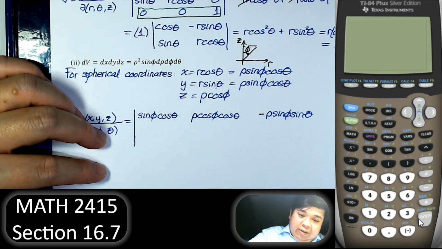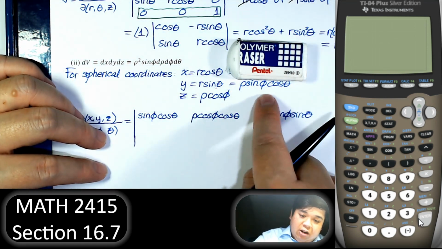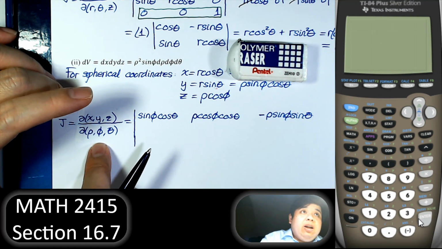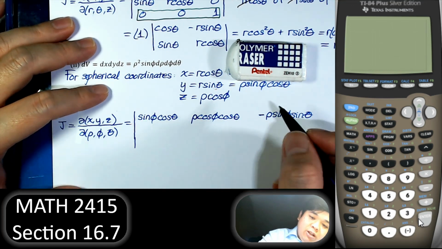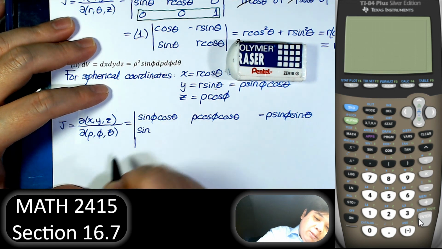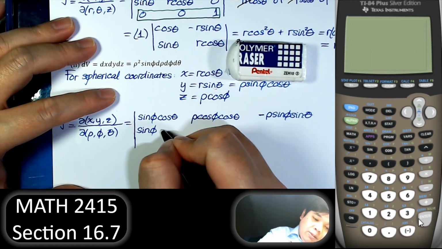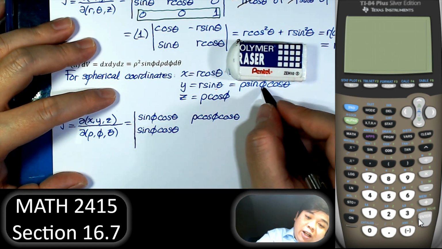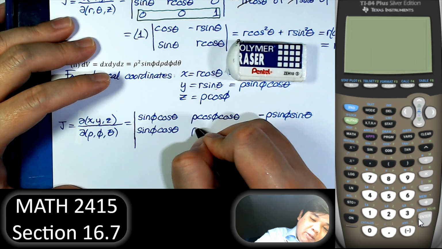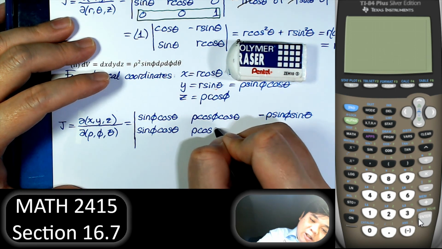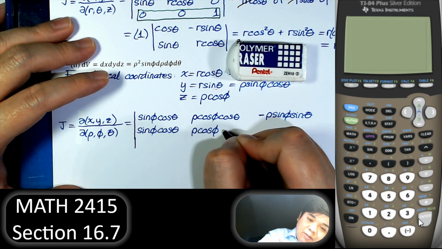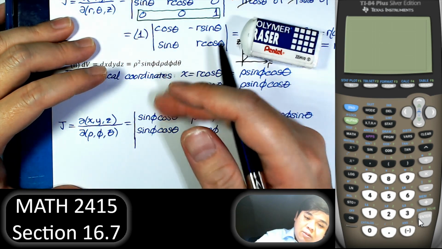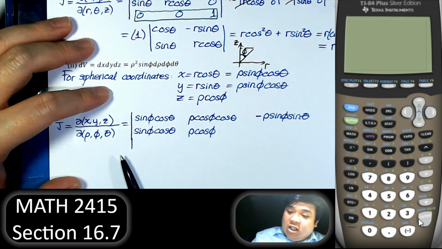Next, derivative of y with respect to rho, phi, and theta. With respect to rho, sine phi sine theta. With respect to phi, derivative of sine is cosine.